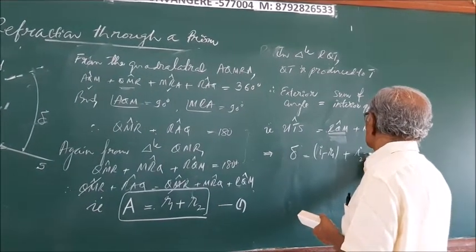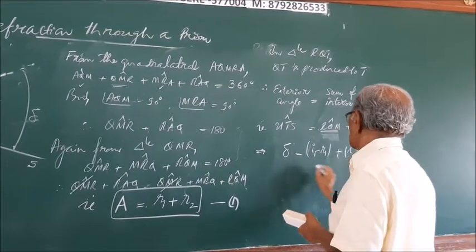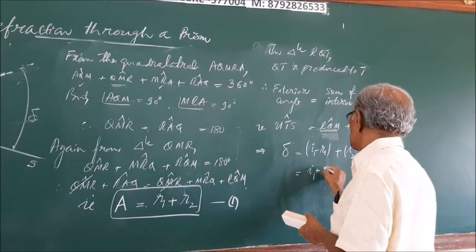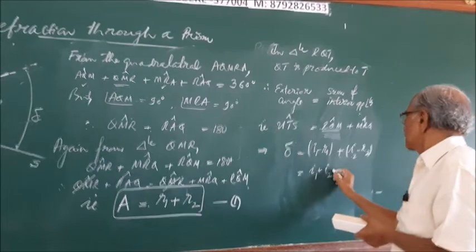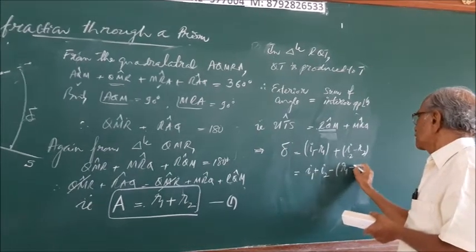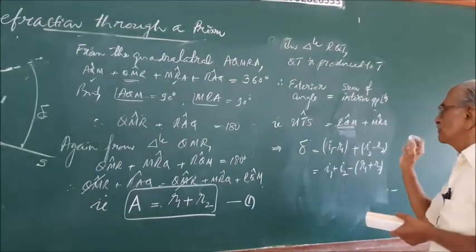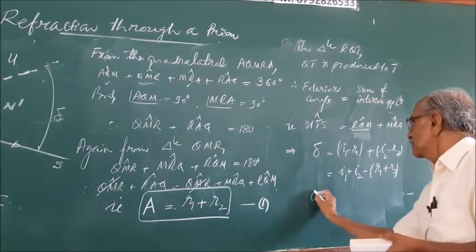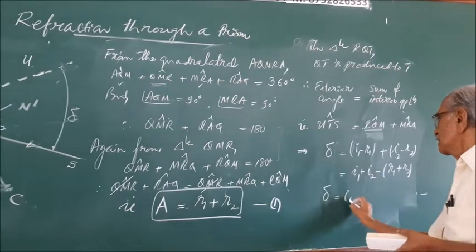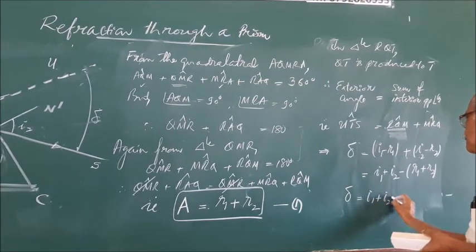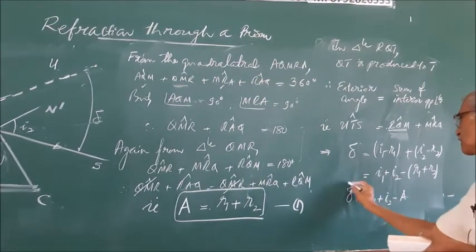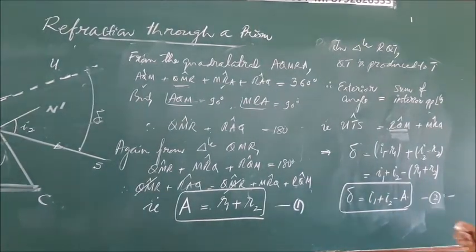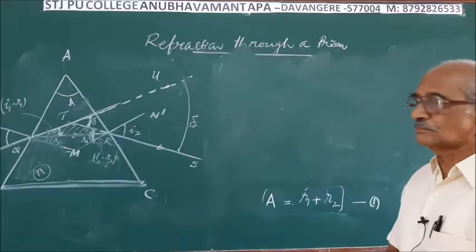Simplifying, that's equal to I1 plus I2 minus of R1 plus R2. Since R1 plus R2 is A, we have delta equals I1 plus I2 minus A. Equation 2.